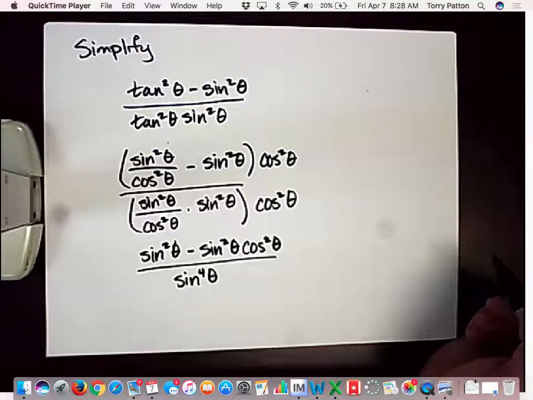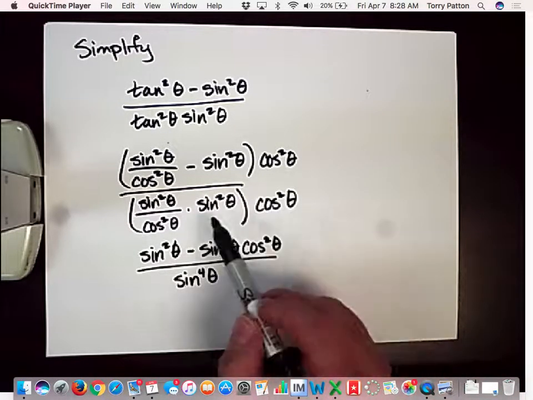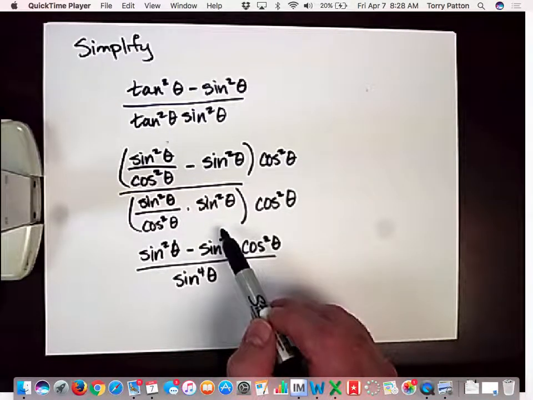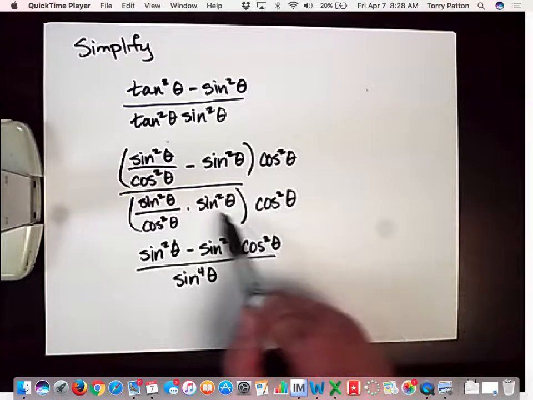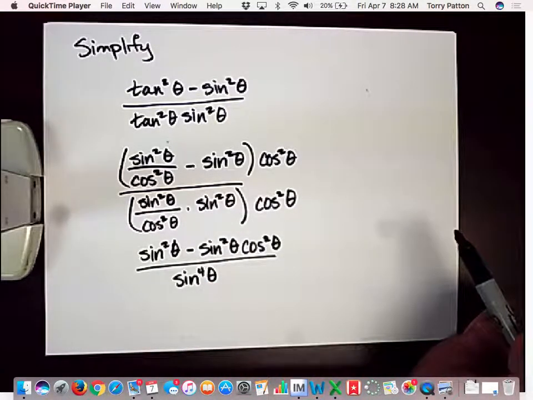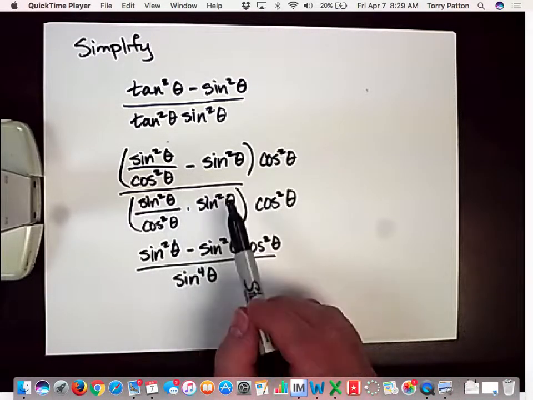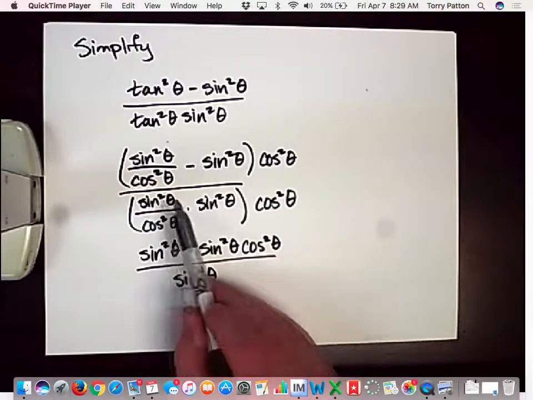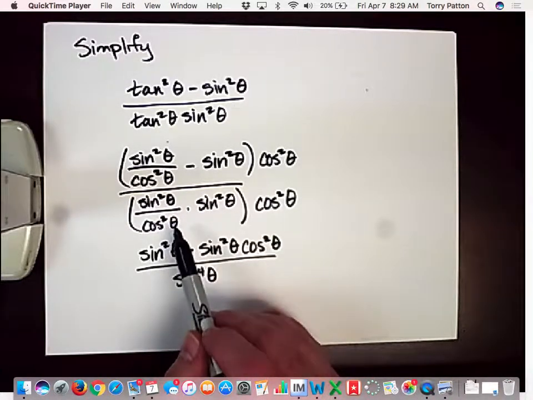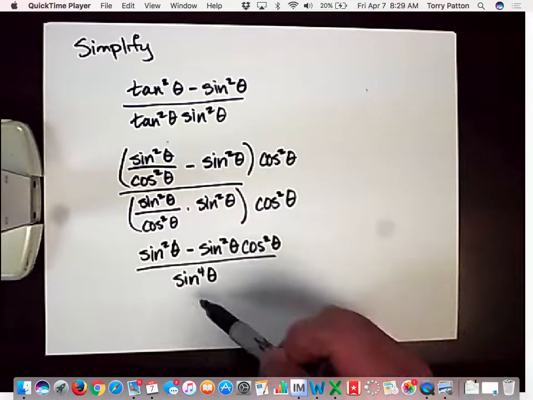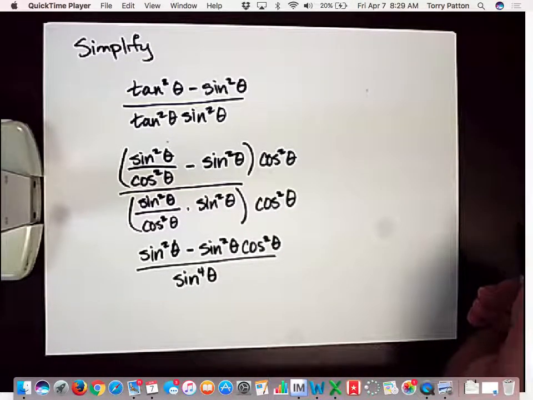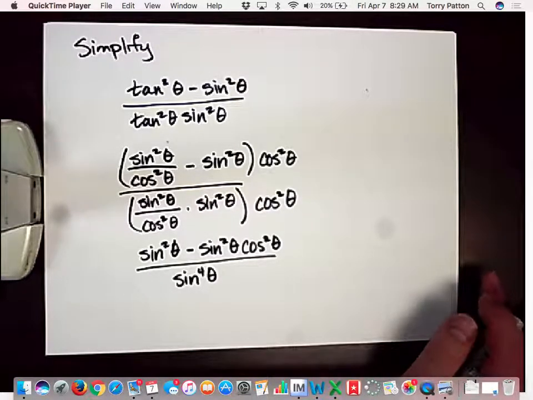Did I lose everybody? Are we good? Because that's over 1, so those would cancel, and you just have sine squared times sine squared. Or you could have simplified this before. This would be sine to the fourth over cosine squared. So if you multiply that by cosine squared, it would just be sine to the fourth. Okay? I knew if I said it a different way, it would pick up a few each time.